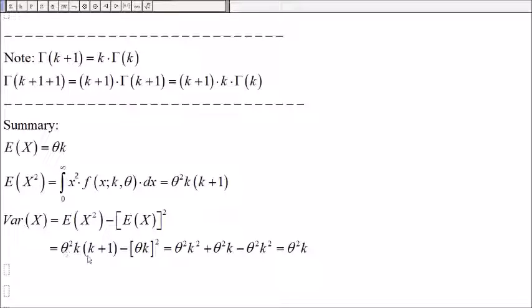Multiply this out, and we end up with theta squared times k. So this is the variance of x, where x is a random variable that has a gamma distribution.